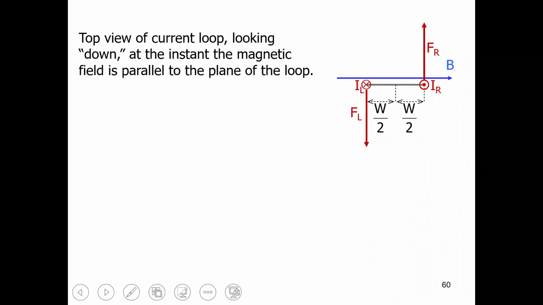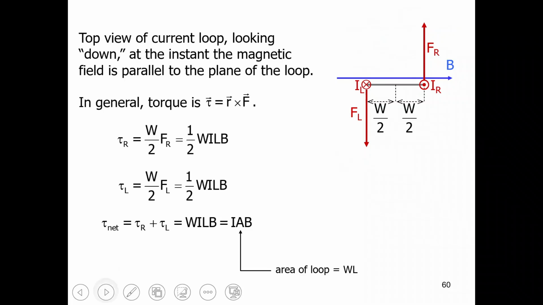So that rotation would be based on the half of the width of the wire. That's your R values. So if you use the torque as R cross F, at this particular orientation, R and F are going to be perpendicular to each other. So that torque is just going to be W over 2 times F. Our F is ILB.